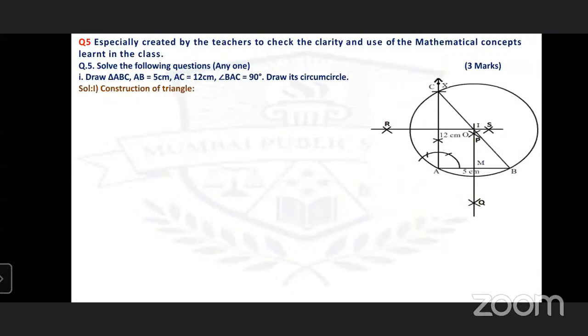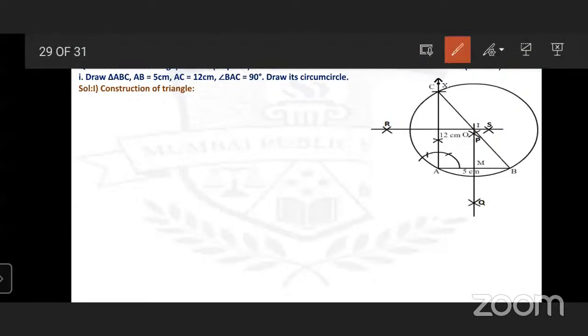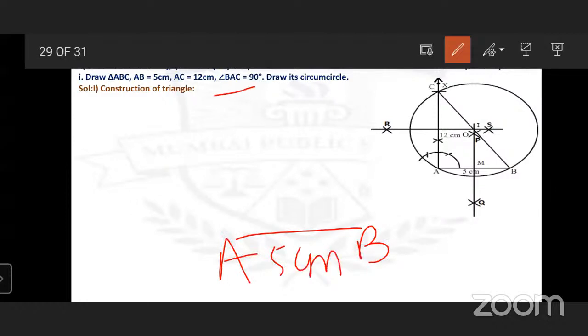Now this is the figure. First we take a very simple question. Yes, AB is given, so AB is equal to 5 centimeters and angle BAC is 90 degrees. So we put the protractor at the point and mark 90 degrees, right? And then AC is 12, so here AC, and then join A to C. So this is a right angle triangle. Now here we want to draw the circle, so we take the side bisector.